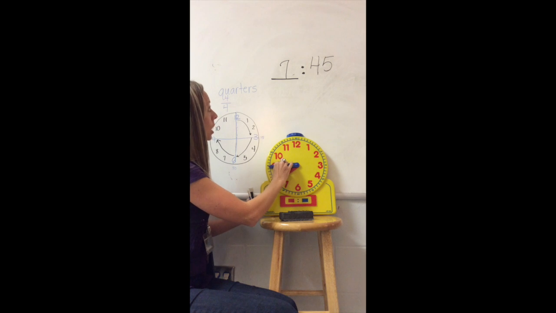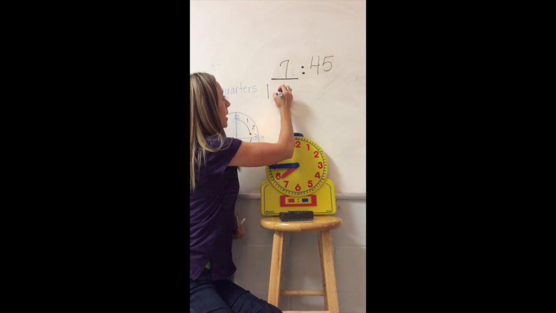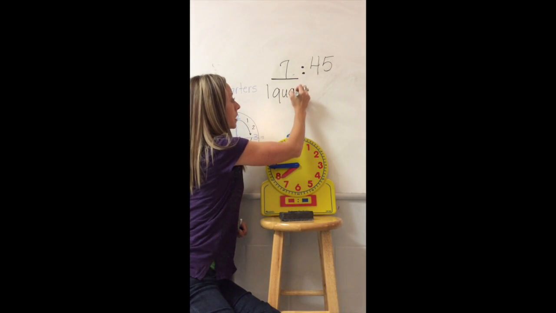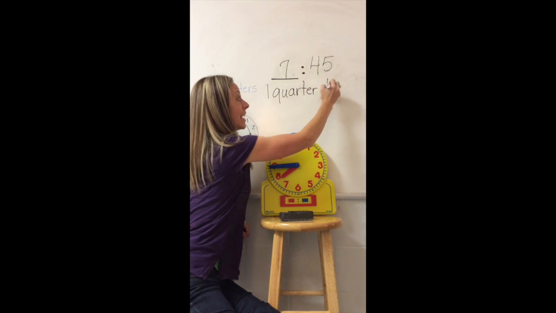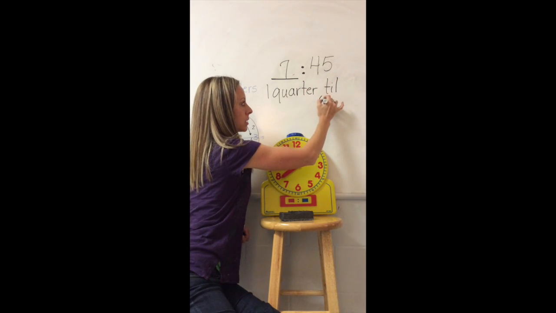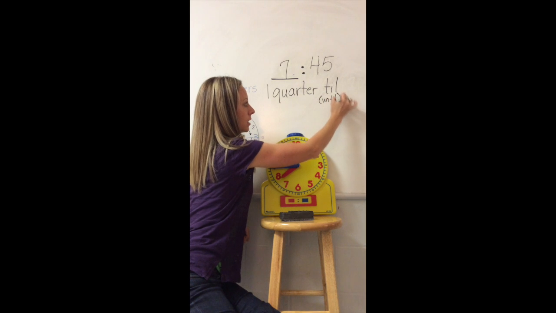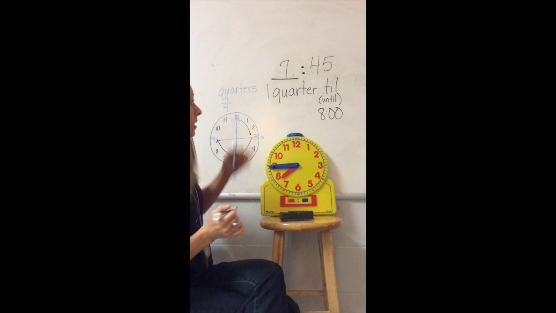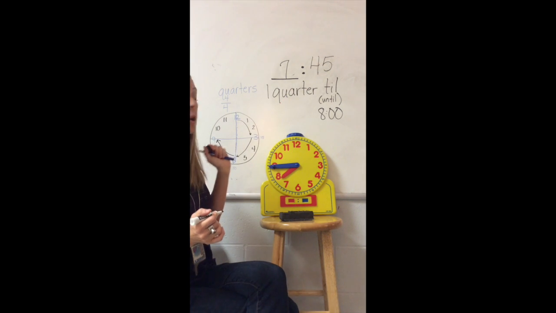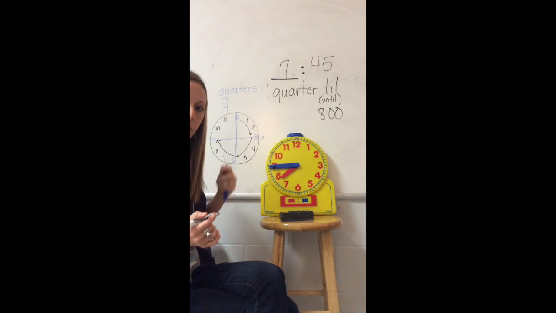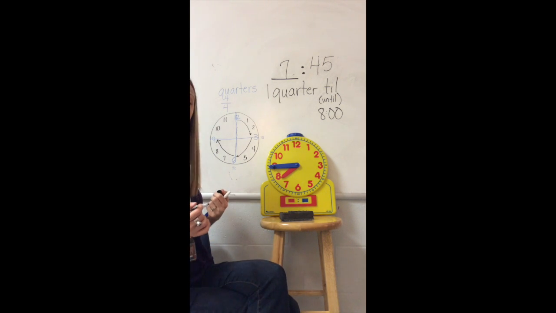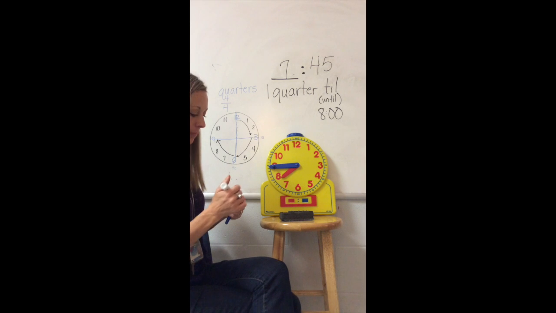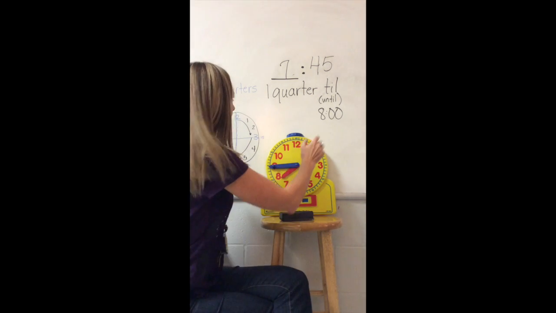Then we call it 1/4 till, which means until 8 o'clock. You can say 1/4 till 8 or just quarter till 8. Some people call it quarter of 8. That's okay too.